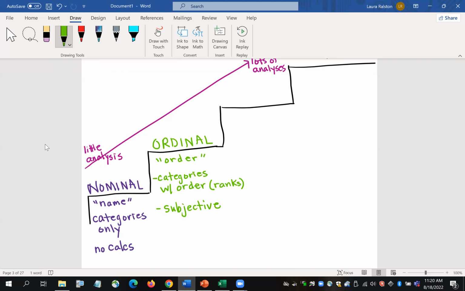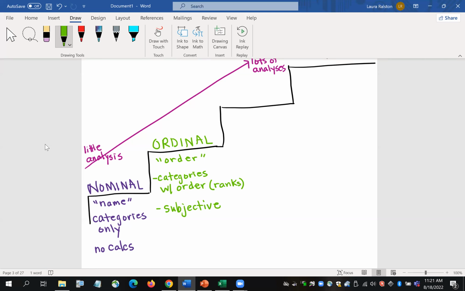Think about high school or even college: freshman, sophomore, junior, senior. Again, those are categories, but there's a sense of order. We know that freshman is first year, sophomore is second year, and so forth. Even in a chili cook-off or a bake cook-off, you have that sense of judging.